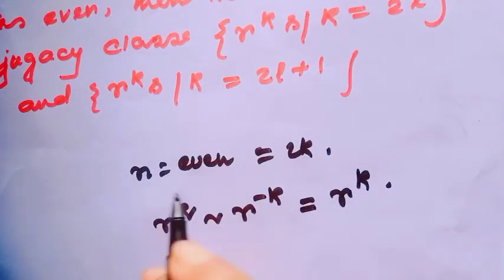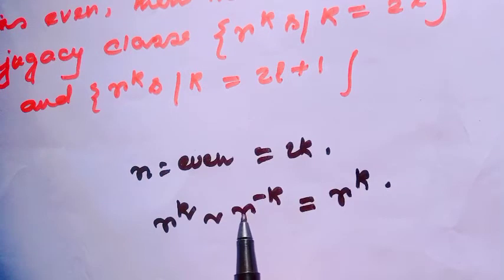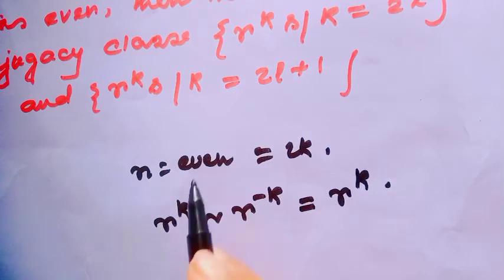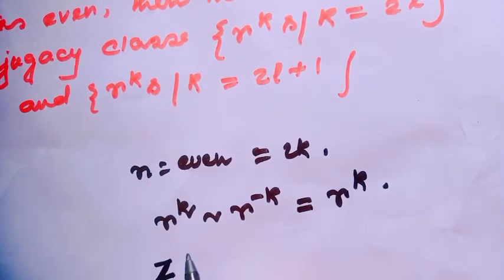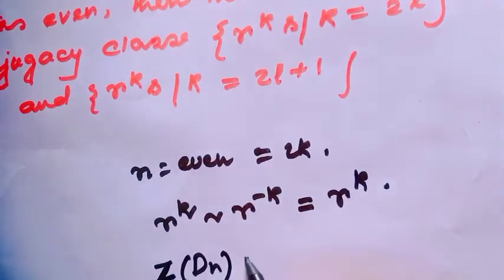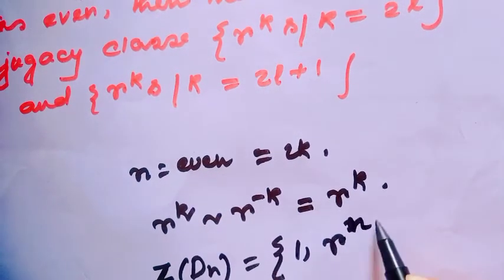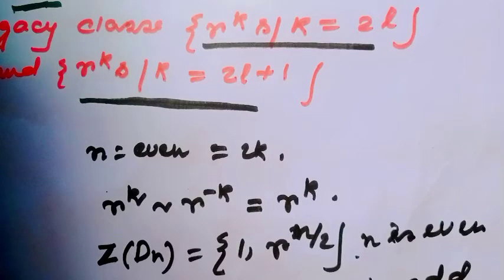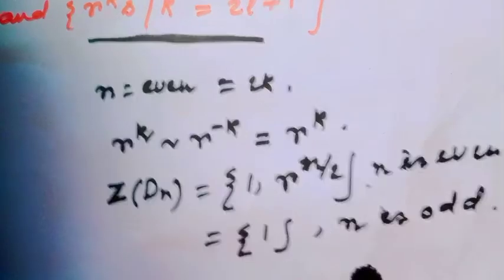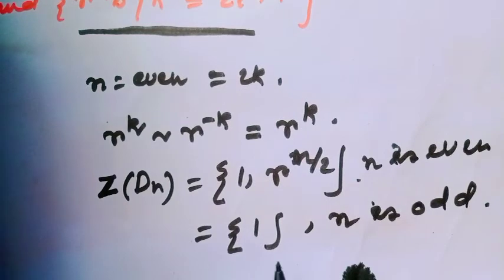That means if we take half of the rotation, it will be a member of the center. So when n is even, the center of Dn contains the identity and r to the power n over 2. This is possible because rotations are only conjugate to each other. But when n is an odd number, then Z(Dn) only contains the identity element.